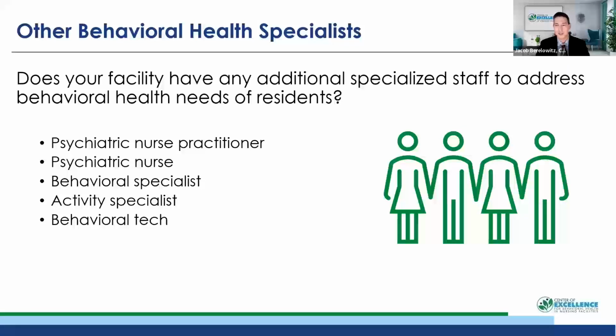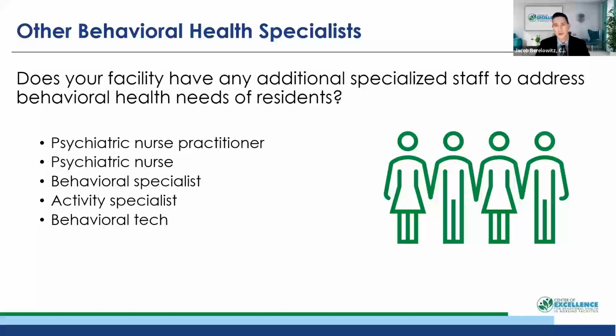A full additional 40-hour-a-week position of one of these specialists. It might be a part-time position. It might be a consultant that just comes in once a week for some rounds together with the interdisciplinary team. So it could take on a lot of different models for how to implement this.